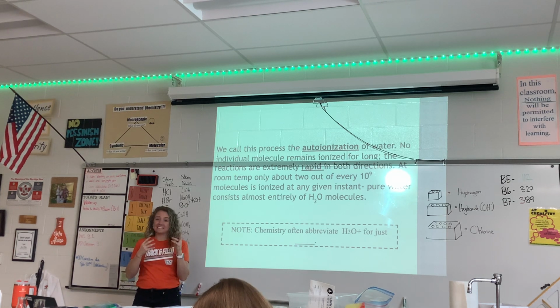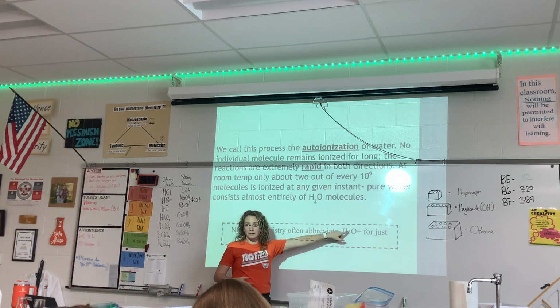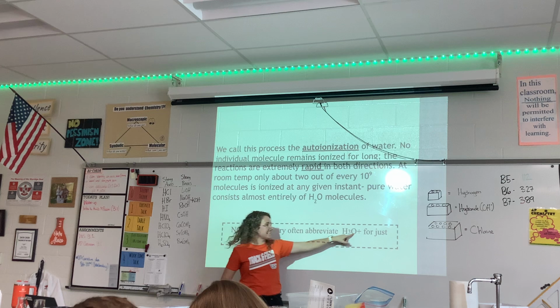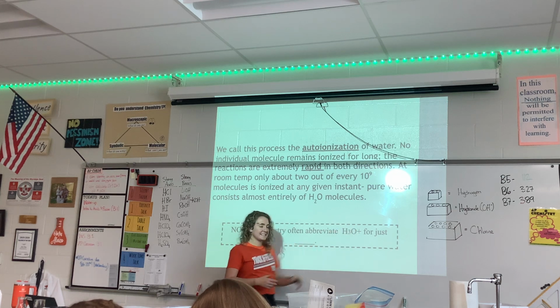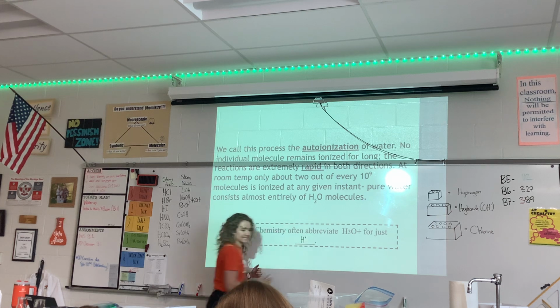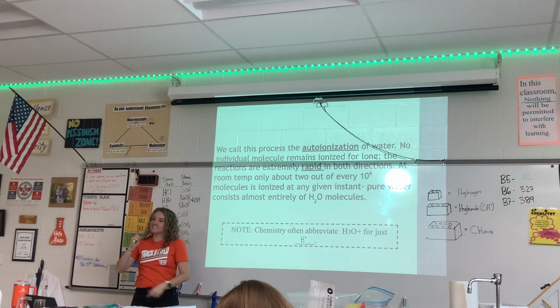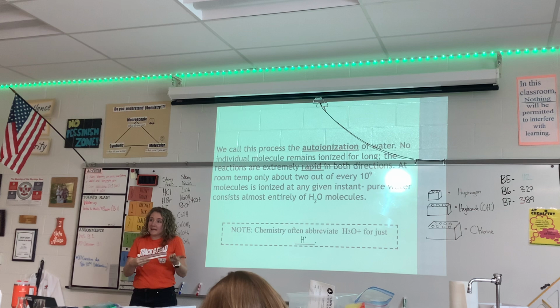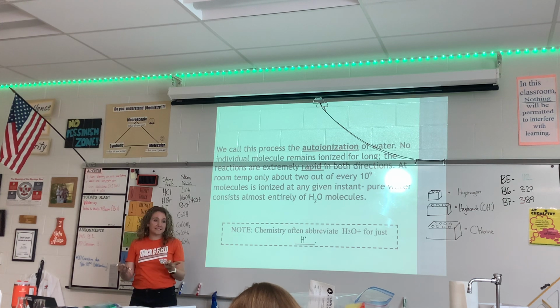Chemists often simplify H3O plus in an equation or in a picture, and instead of writing or showing all this, they simply show H plus. It's not just H plus, it's always going to be hydronium, but for simplicity's sake, or laziness sake, that's how chemists are, they just write H plus.